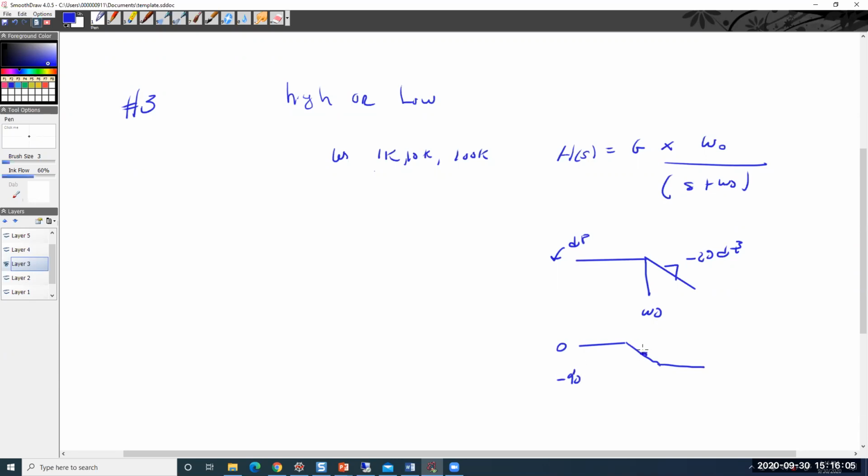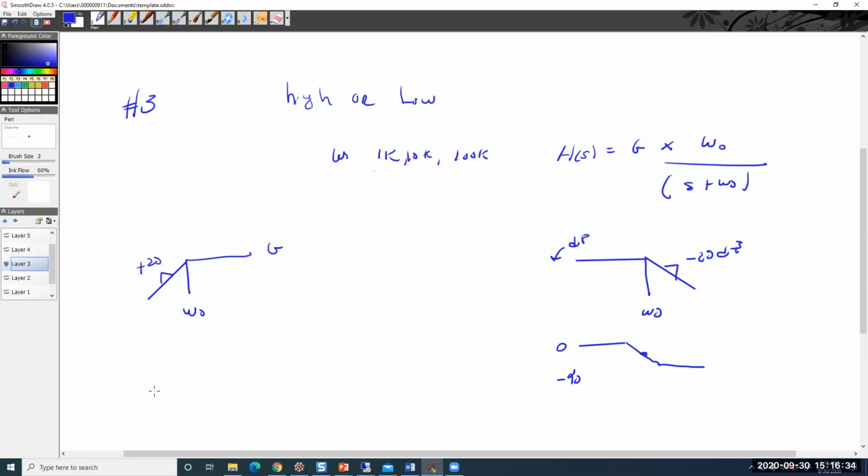But I've gone over that a lot, and it's in the notes. The high pass filter, you could just say is the opposite: plus 20 dB per decade, whatever the high frequency gain is, omega naught.